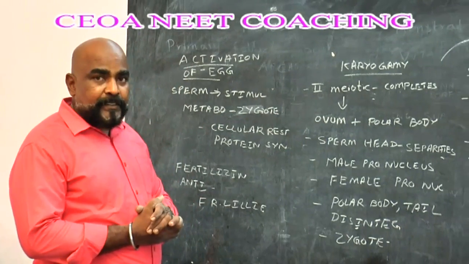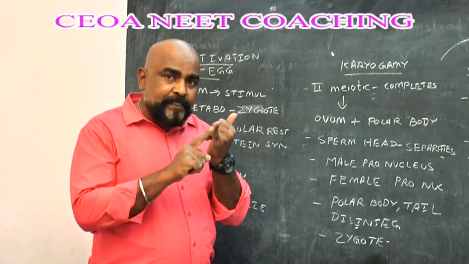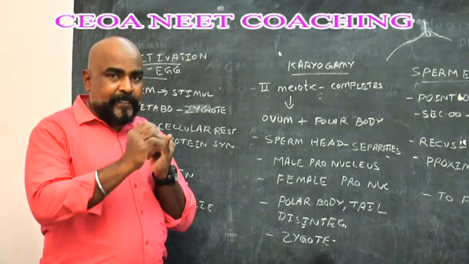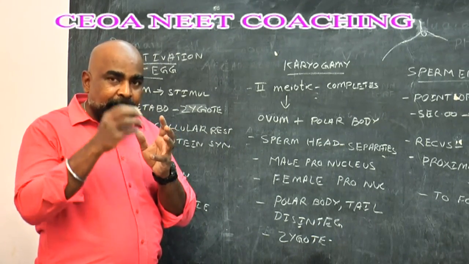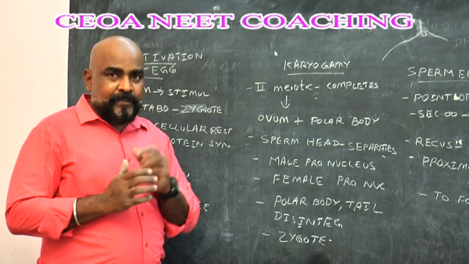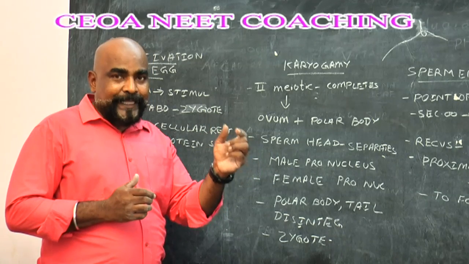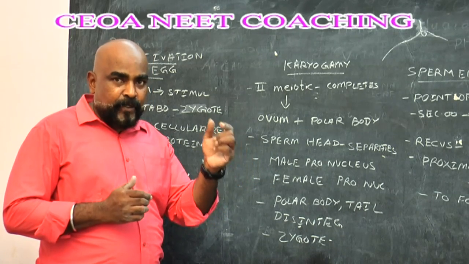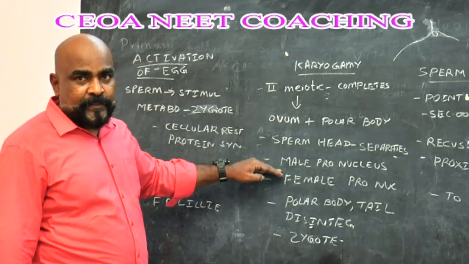Now what happens? The sperm, as you know, has a head, middle piece and tail. Neck is also there. So the head gets separated from the rest of the body. The head alone gets separated, and that contains the nucleus. That nucleus is now called the male pronucleus.